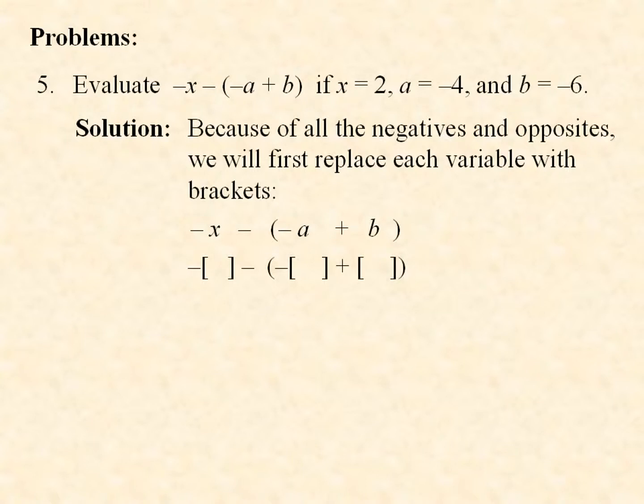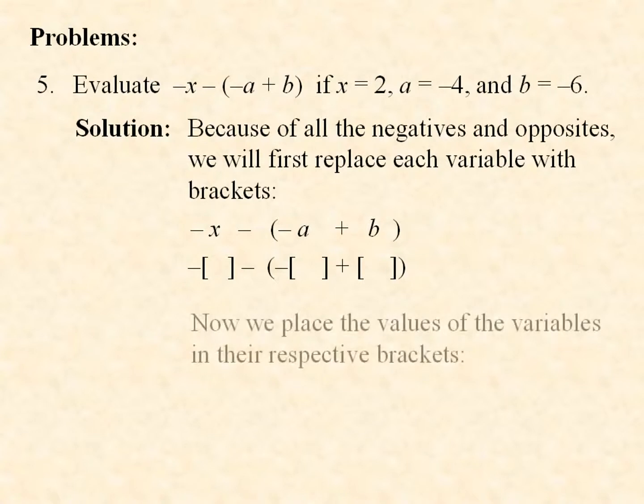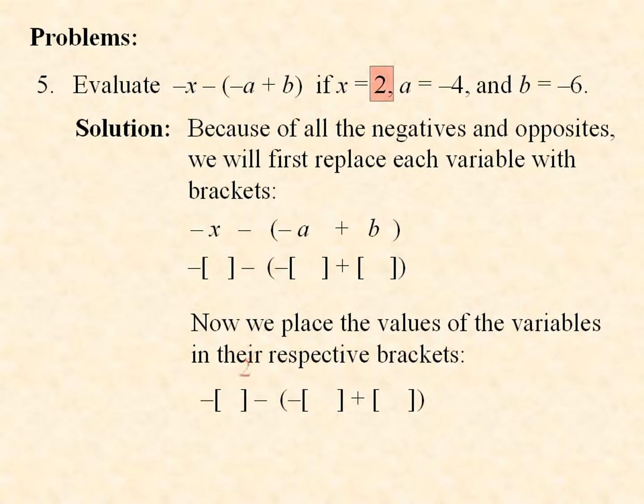There, see, I put brackets in place of x and a and b. Now we place the values of the variables in their respective brackets. Okay, we put 2 in place of x, and we put negative 4 in place of a, and we put negative 6 in place of b.